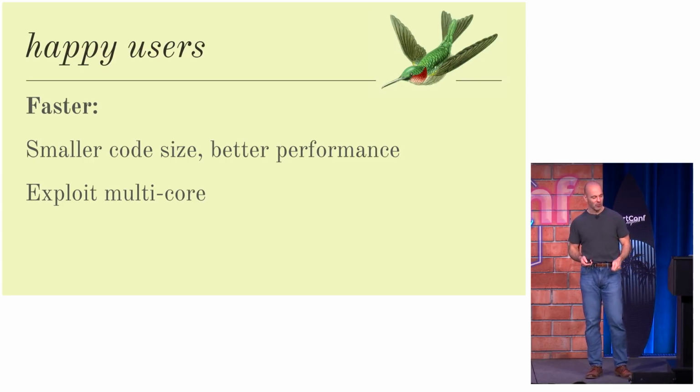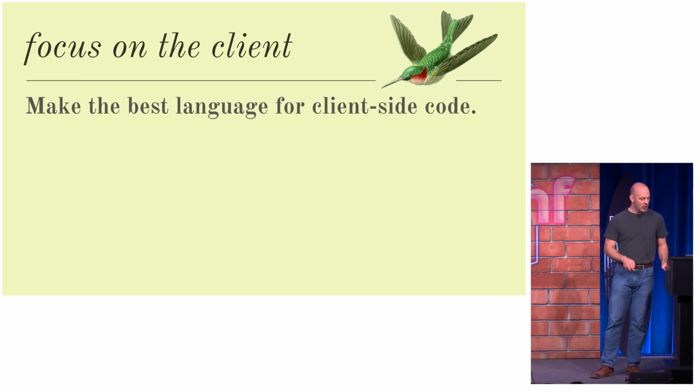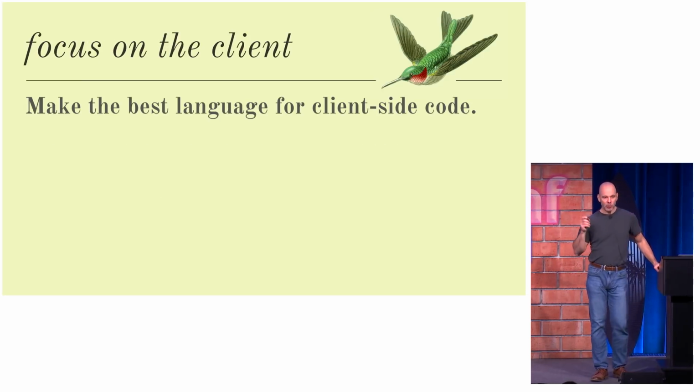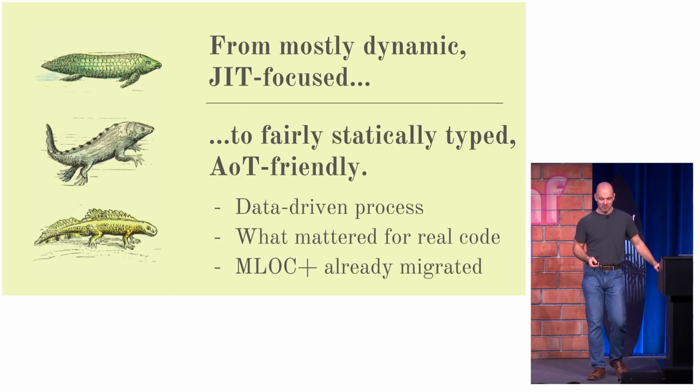So this is something I think we're very excited about. The overarching theme here is that we want to make Dart the best language for writing client-side code. And I think we are committed to make that happen.